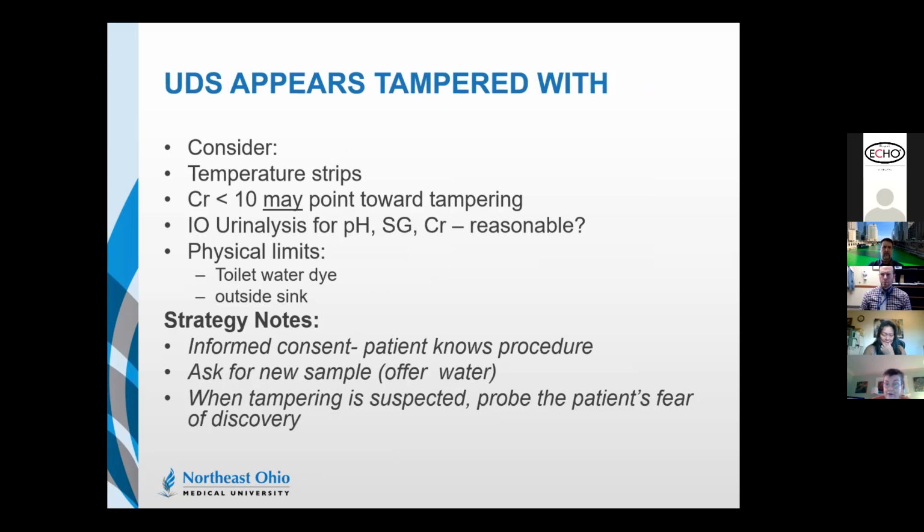If we add a urinalysis, we can see that pH, specific gravity, and creatinine are all reasonable for human urine. I don't do it every time, but I certainly add a urinalysis randomly, which helps me check that I'm really getting a non-diluted urine sample.